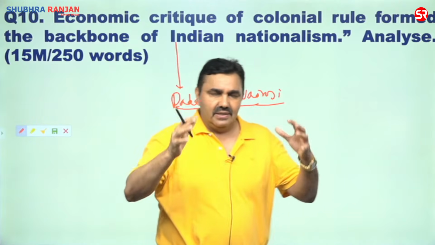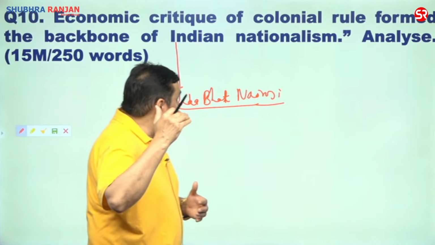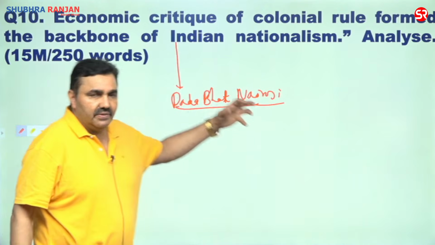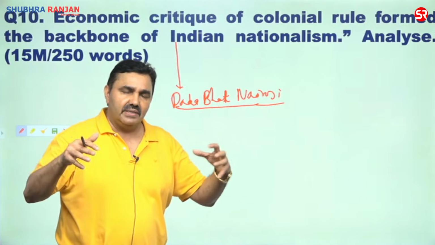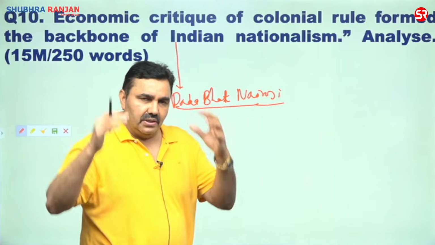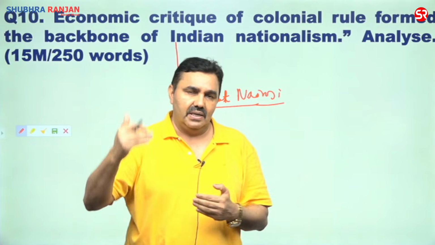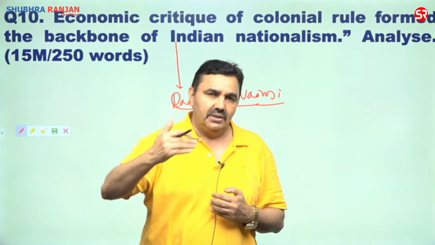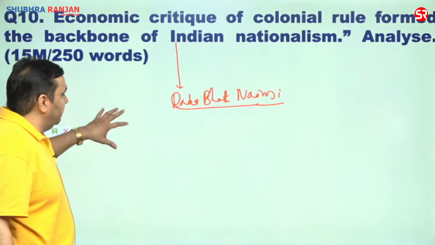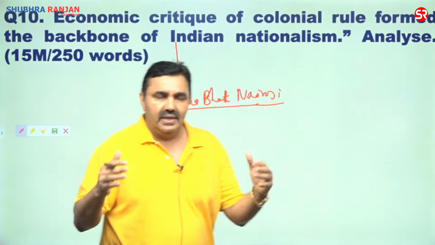So he analyzed the different aspects of economic policies, the drain theory, the linking of colonial rule to destruction of industries, the linking of colonial rule to Indian poverty, hunger and recurring famine, intensified discontent against British rule, and this economic critique triggered the intense wave of nationalism that was represented by Congress and other political organizations during 1880s and thereafter. So this is how you have to understand how economic critique prepared the ground for Indian freedom struggle or the commencement of Indian national movement.